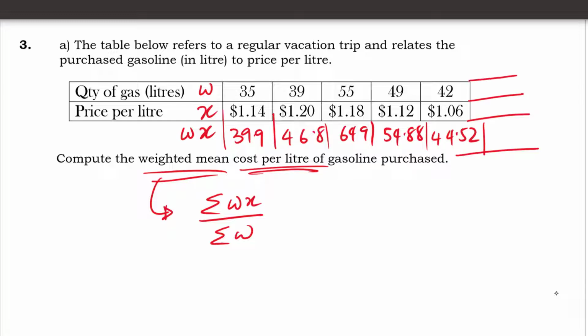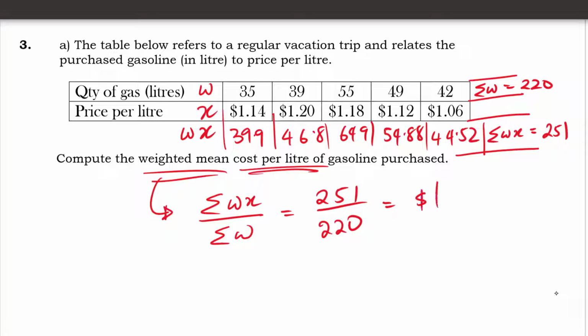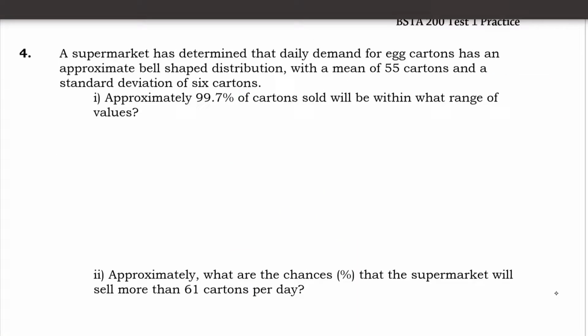If we find the sum of the weights here, we will obtain 220, and if we find the sum of the total prices here, we will have 251. The weighted mean is now obtained by taking 251 and dividing that by the 220. So that is total price divided by total quantity, and that will give us $1.14.